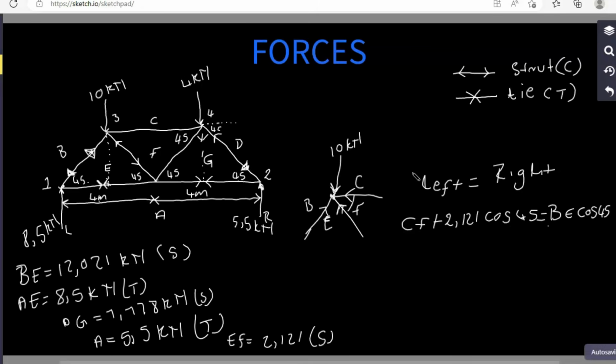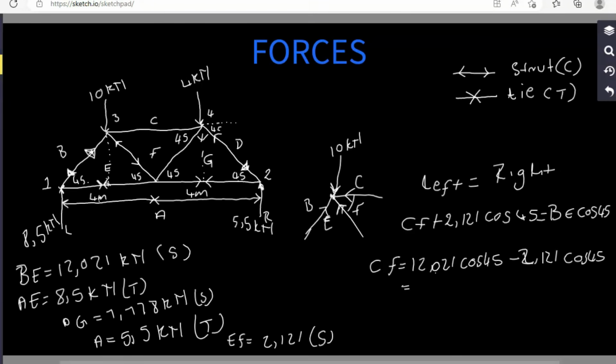We are looking for CF. Let's make it the subject of the formula. We know the value of PE is 12.021 cos 45 minus 2.121 cos 45.